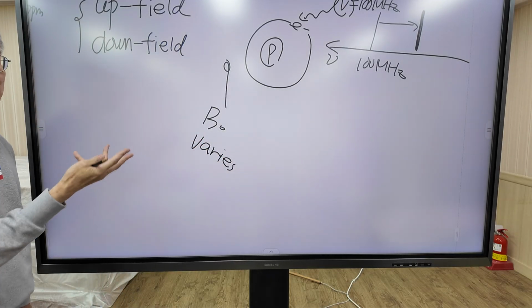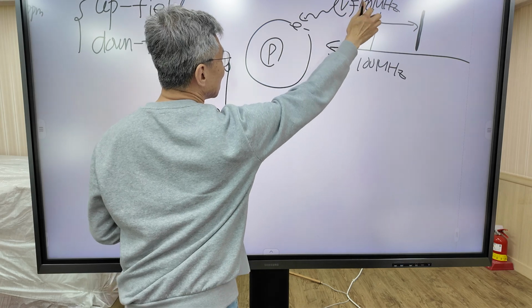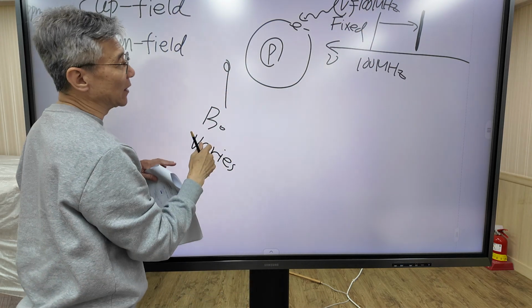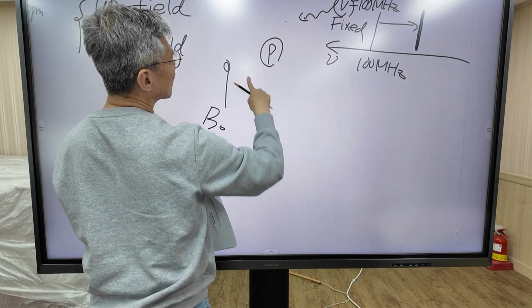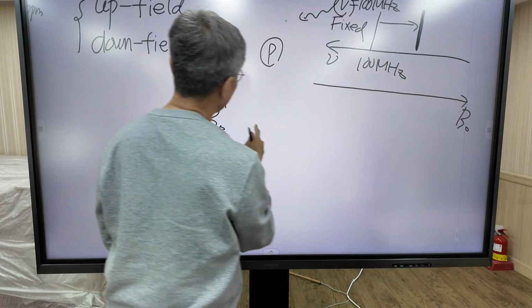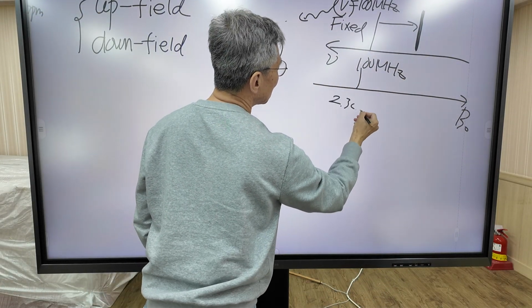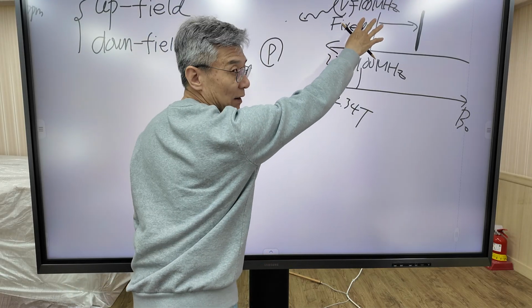The experimental setup is reversed. So what happens when this is fixed and B0 varies? So first, when there are no protons, the resonance field strength is 2.34 Tesla when the radio frequency is 100 megahertz.